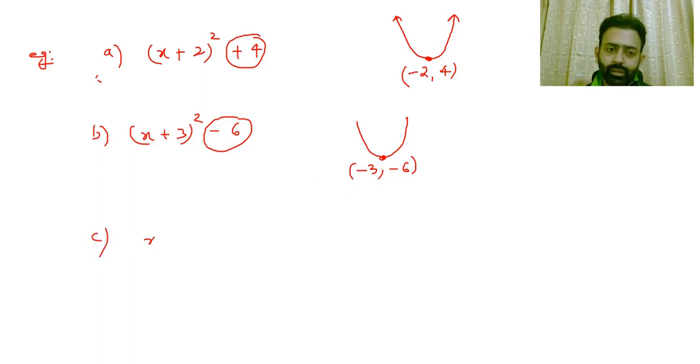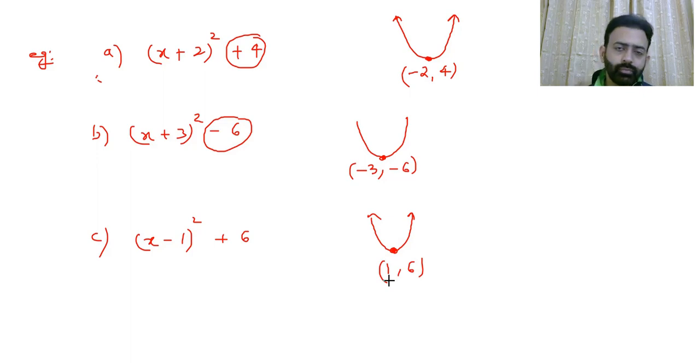(x - 1)² + 6. In this case, again a U-shaped curve. This time the vertex coordinates are (1, 6) and so on. The vertex coordinates are the minimum point for a U-shaped curve, and the maximum point for an inverted U-shaped curve.